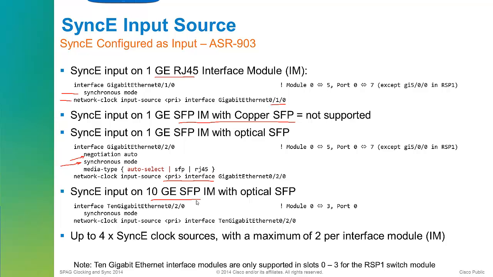It's actually not an SFP, it's an XFP, but there is a new version which contains 10 gig SFP plus SFP. So what you can do here is you have similarly, you just define the synchronous mode and then the network clock input source, whatever the name of the interface is. So that's all pretty straight. Similarly, you can have up to 4 SyncE clock sources with a maximum of 2 per interface module.